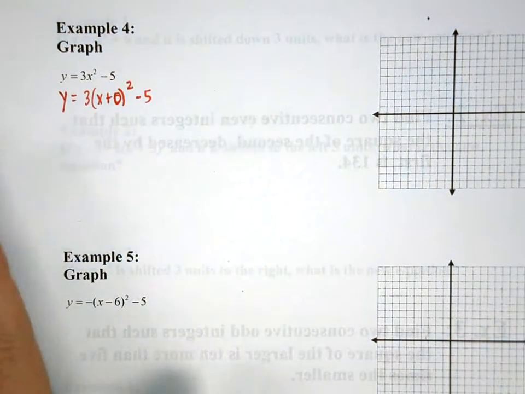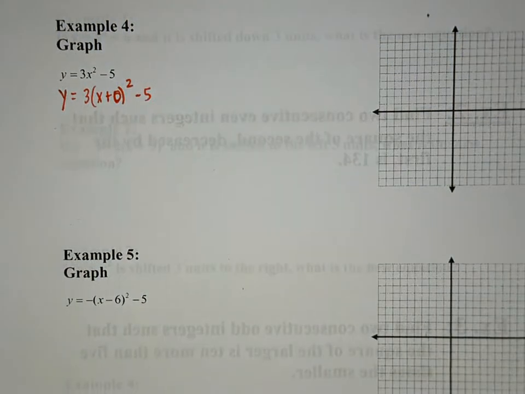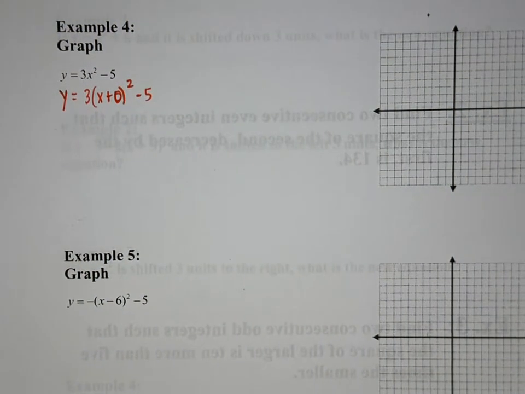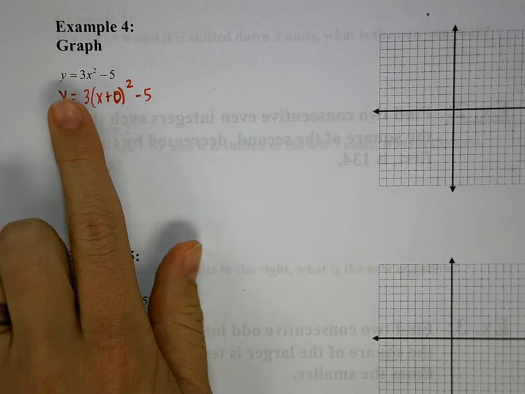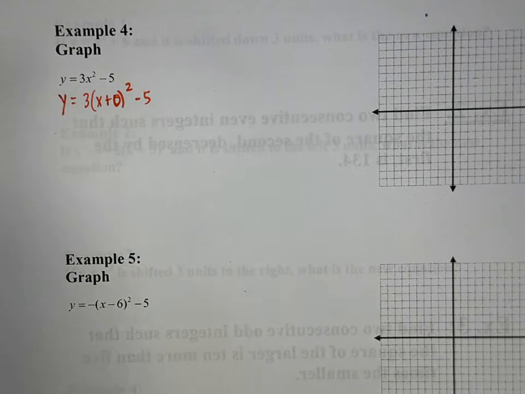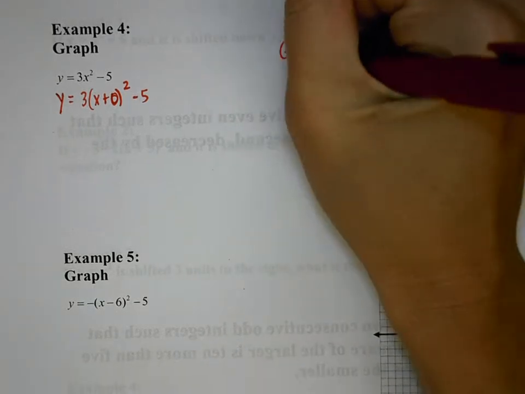You could write that as 3 times (x plus 0) squared minus 5. Whenever you see an x squared by itself, it's like having an x plus 0 with it.